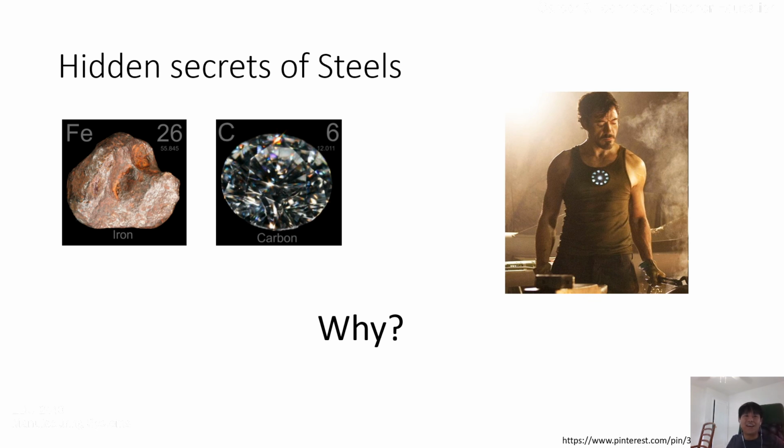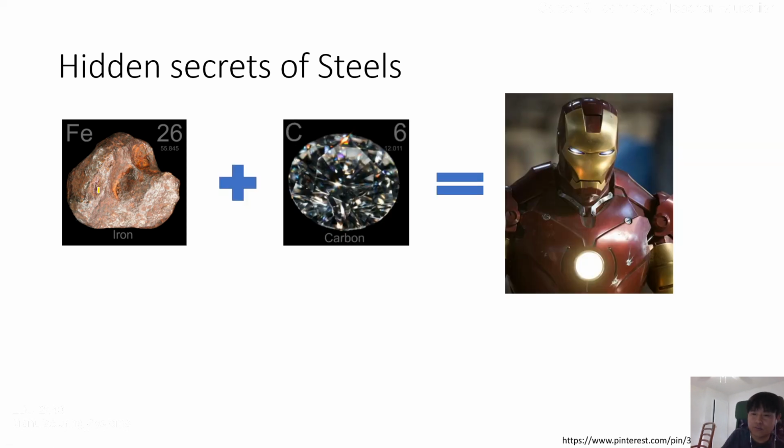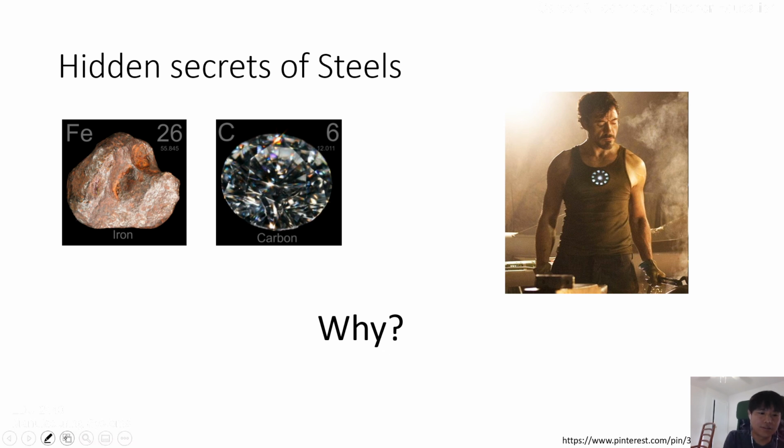I put the name Hidden Secrets of Steel. This is iron, pure iron, like Fe. This is the natural status of iron. And this is carbon. Carbon is a primary element of diamond, and it is widely used in many manufacturing products.